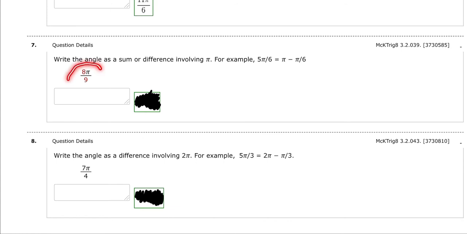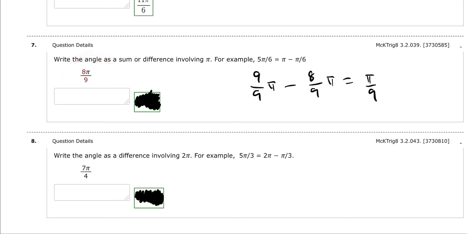For this next problem, they want us to write the angle as a sum or a difference involving pi. They give us an example. 5/6 pi is the same thing as pi take away pi over 6. So we're going to do something very similar to here. We're going to think of 9 over 9 pi minus 8 over 9 pi is pi over 9, right?